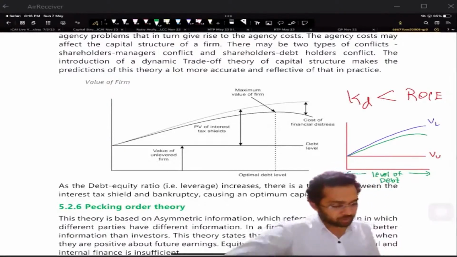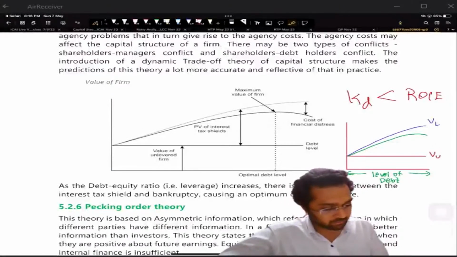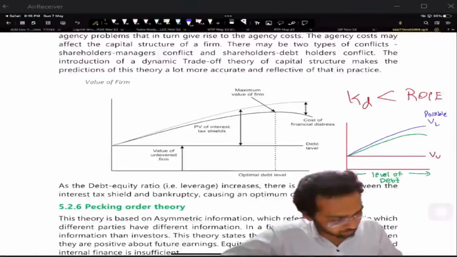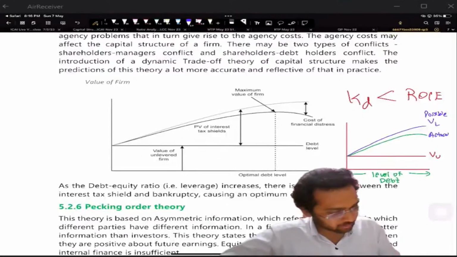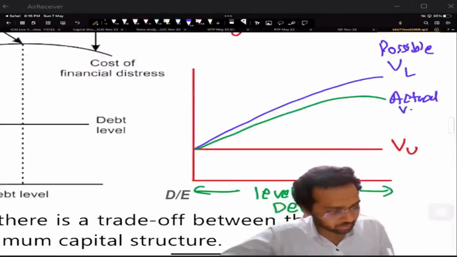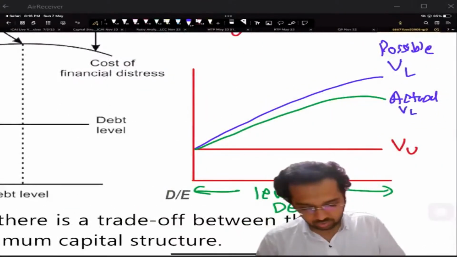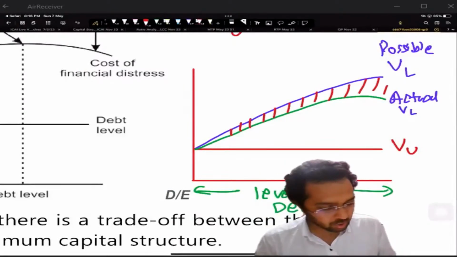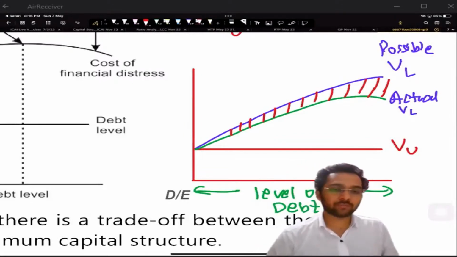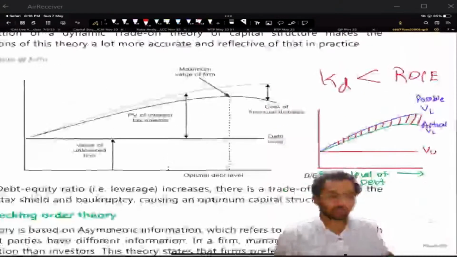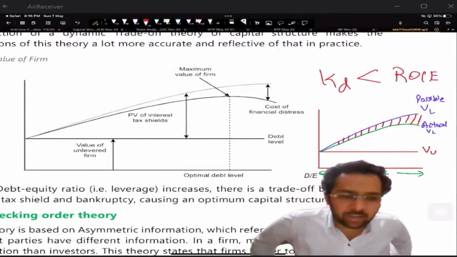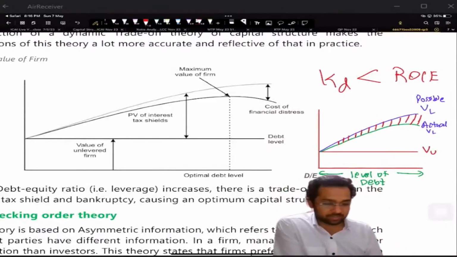After a point of time, the financial distress will start eroding it. This is your possible value of the levered company, but what you can see as a green line is the actual value of the levered company. The gap in between is the cost of financial distress. This is the cost of taking more debt and facing the cash crunch due to regular interest payments or cash payments.